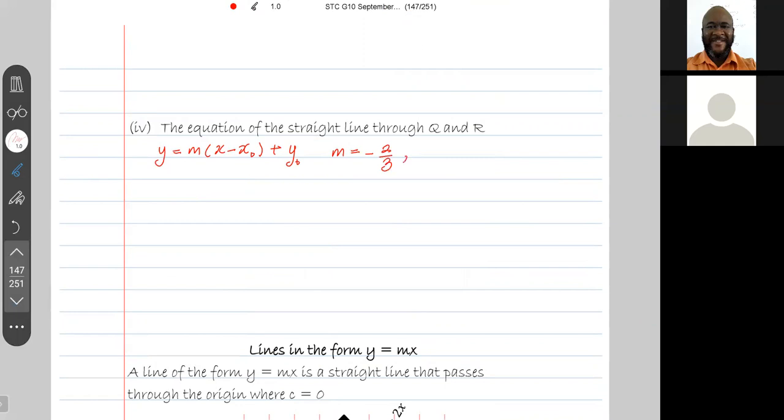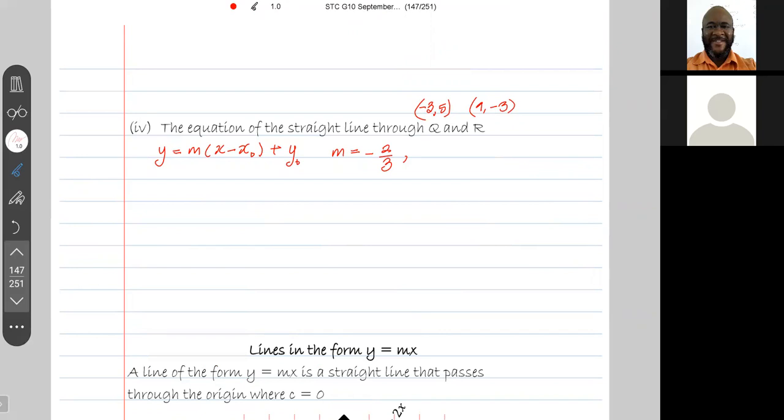The second input for the formula, you need the coordinate of 1 point on the line. I know 2. This is minus 3, 5, and this is 9, minus 3. I can use any one, it doesn't matter. Any one of them would give me the correct answer.